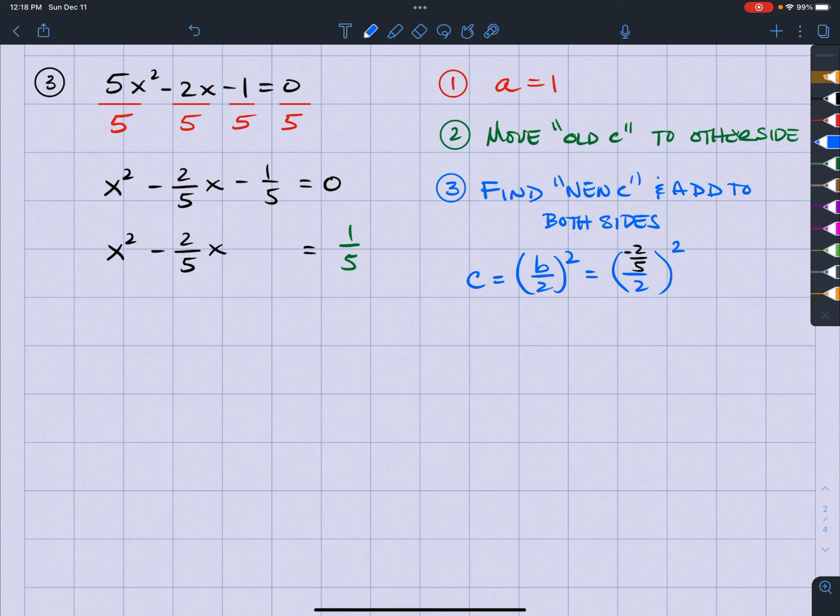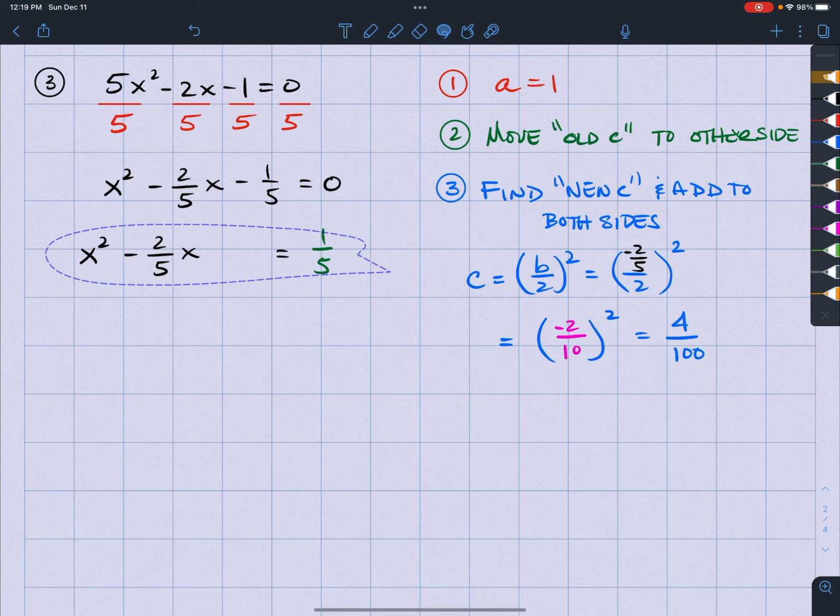Well, that is going to come out to be negative 2/10. And if I square that, I'm going to get a positive 4 over 100, because negative 2 times negative 2 is 4, and 10 times 10 is 100. So I'm going to add that to both sides.